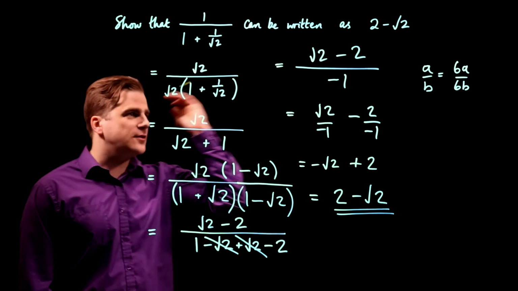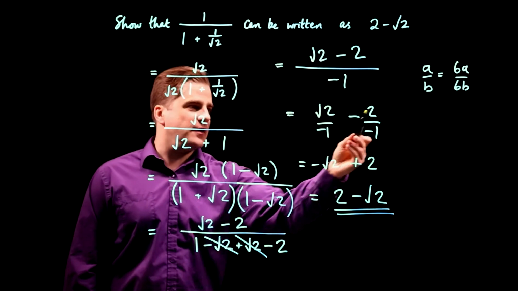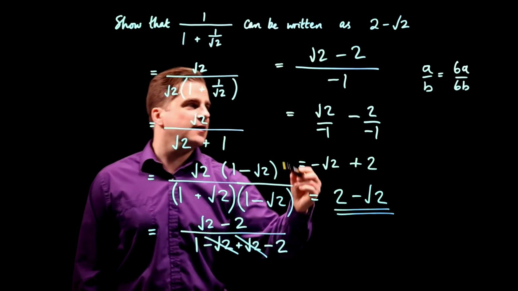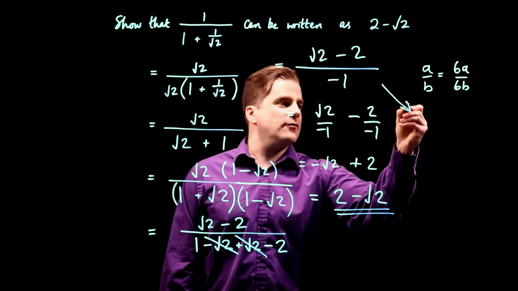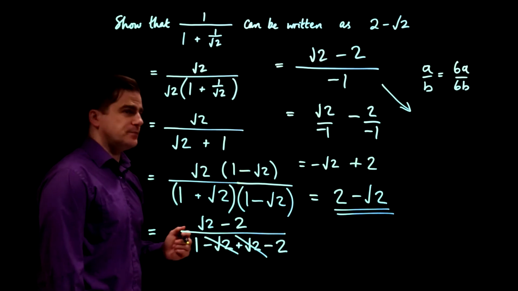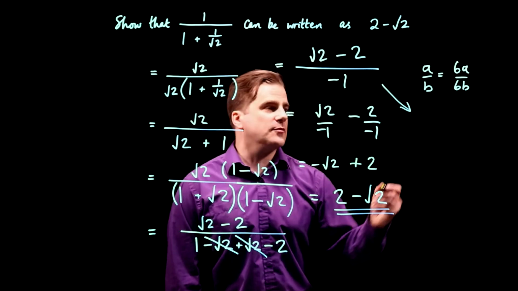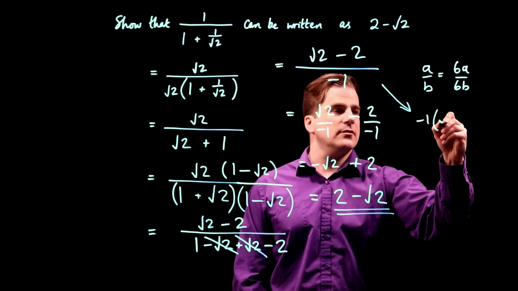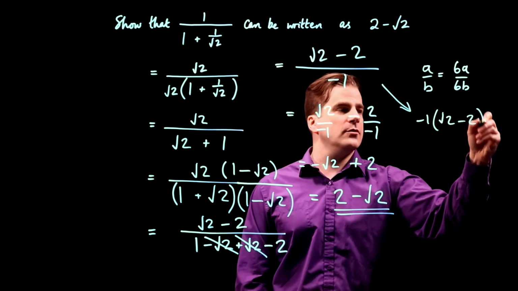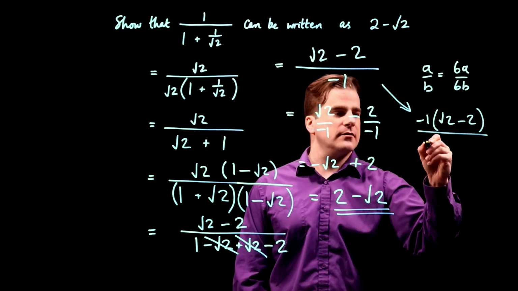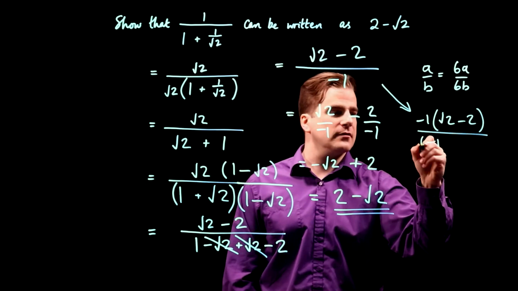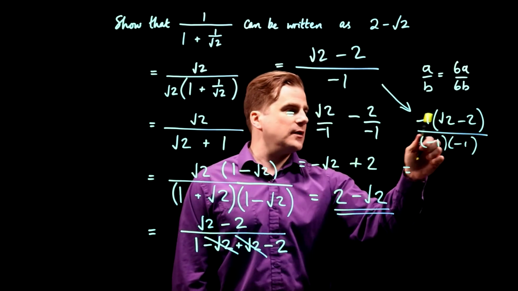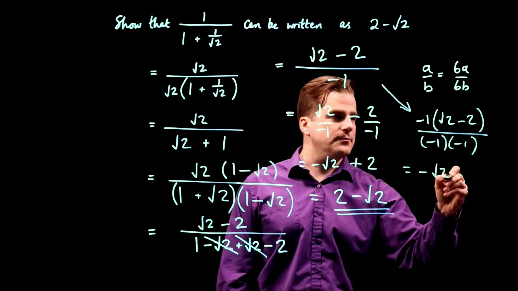Like I say, you don't have to think of it like that, rewriting this as two separate fractions. You could have looked at it like this. Just multiply top and bottom by minus 1. So minus 1 times root 2 minus 2 all over minus 1 times minus 1, which is equal to minus 1 times root 2 is minus root 2.